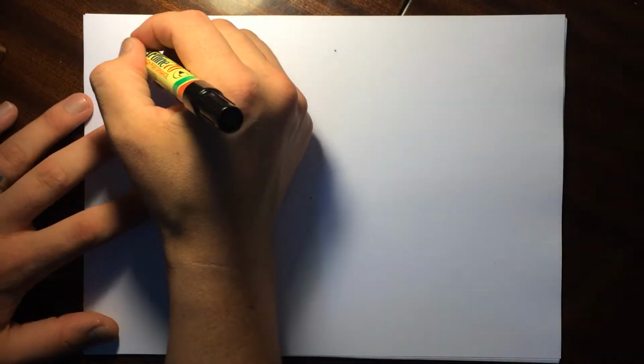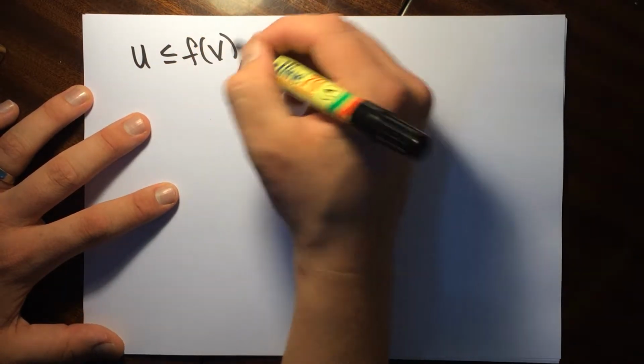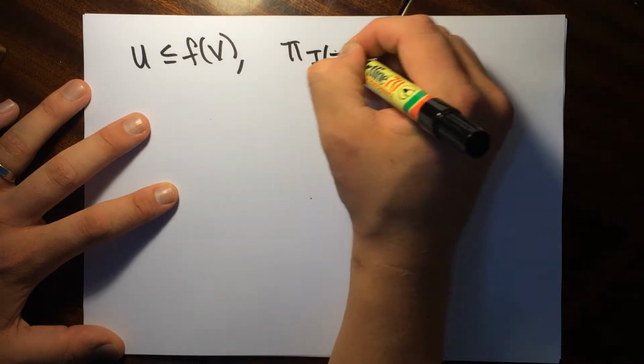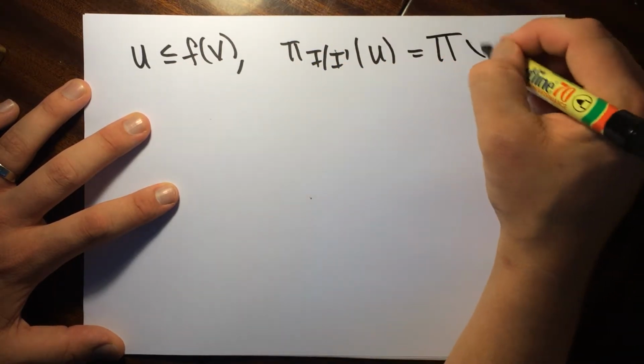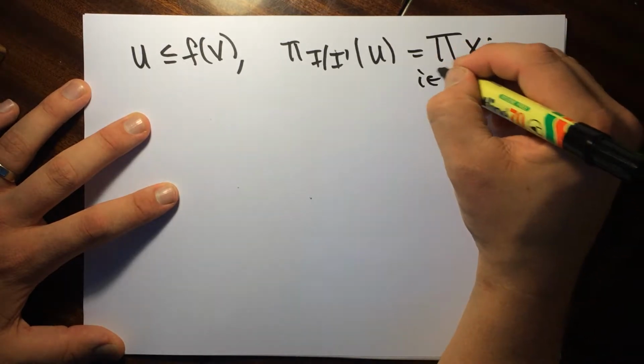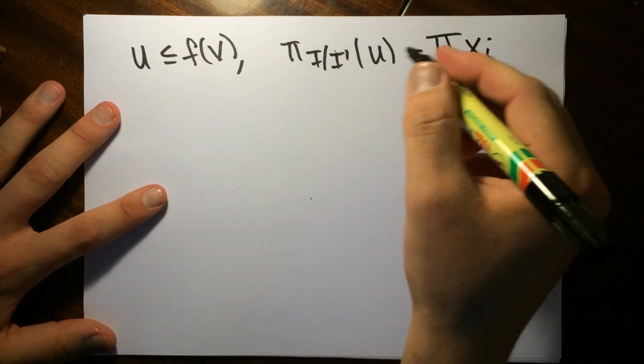So this means that U is going to be contained in f of V, and we can notice that when we project away with pi, this will imply that this looks like this whole thing here. This is the sketchy part.